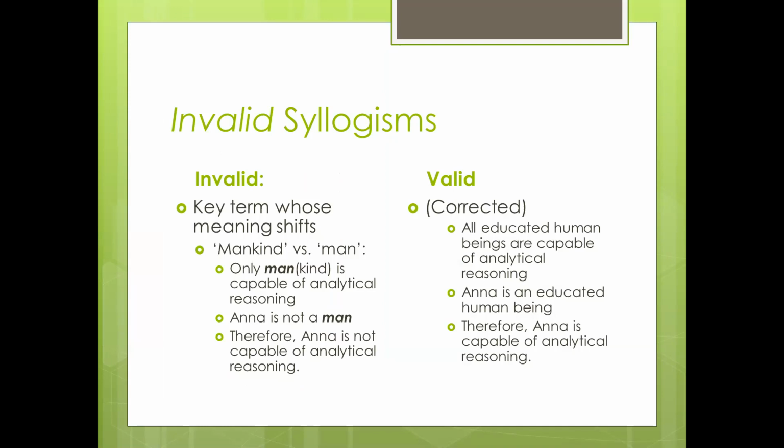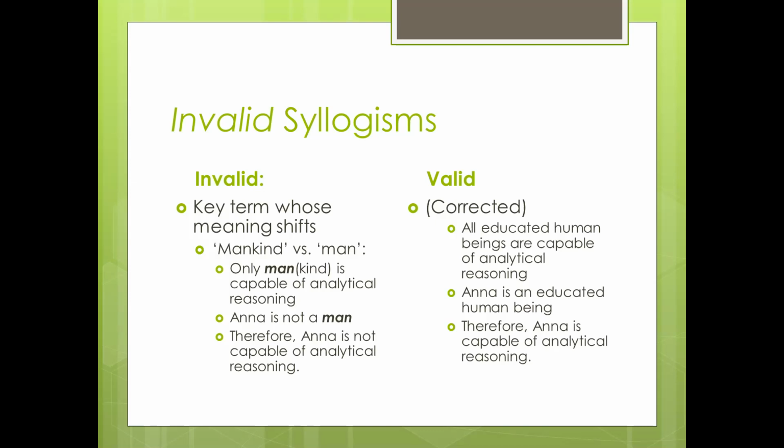Typically, a key term shifts in meaning from your major to your minor premise, right? So again, another example of an invalid syllogism is the term mankind versus man using this example. Only man is capable of analytical reasoning. Anna is not a man. Two fact-checked worthy ideas or premises.